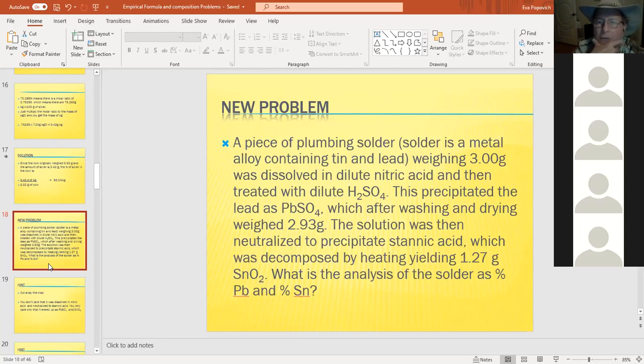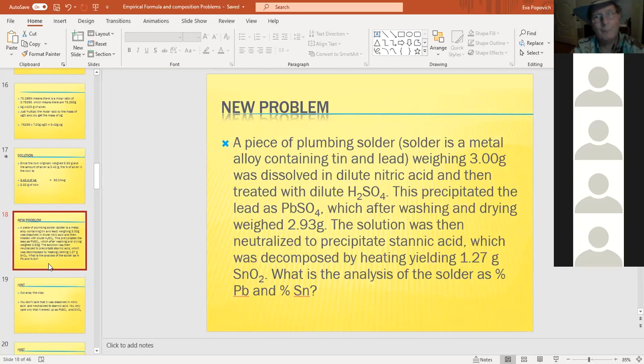Anybody out there have a suggestion for her? Suggestion from anybody? Remember what we just did with the silver chloride. Dana, take out the percent of lead.